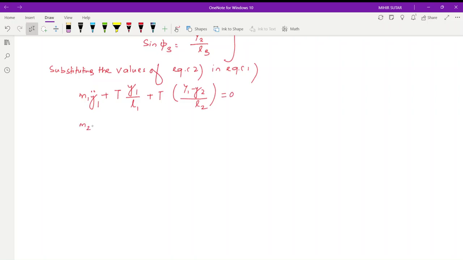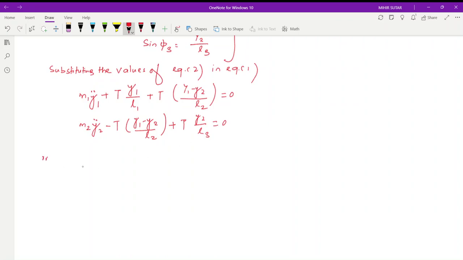Subsequently, for second mass, m2 y2 double dot plus, it is minus T y1 minus y2 divided by L2 plus T y2 by L3 is equal to 0.